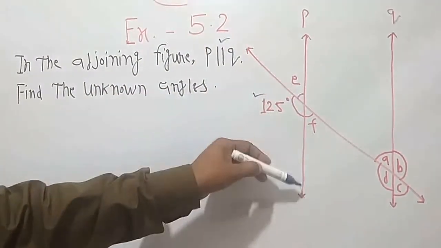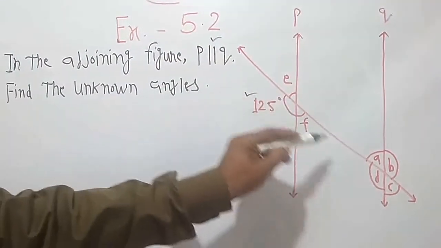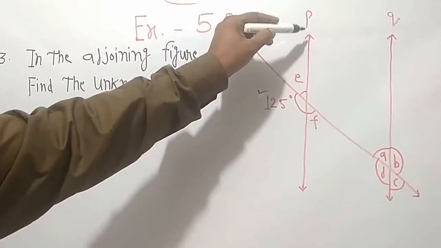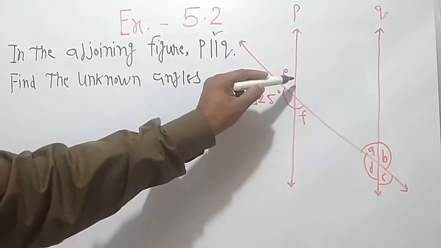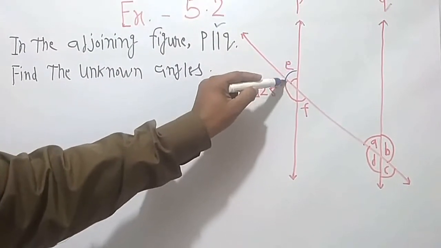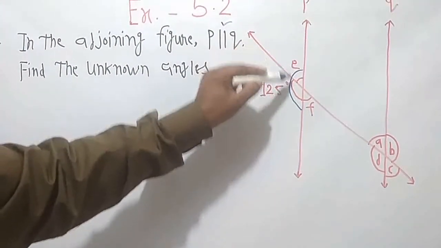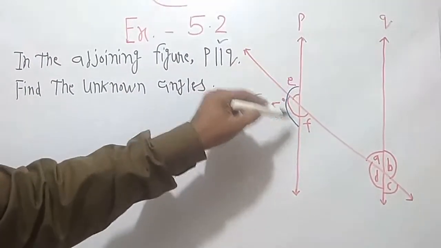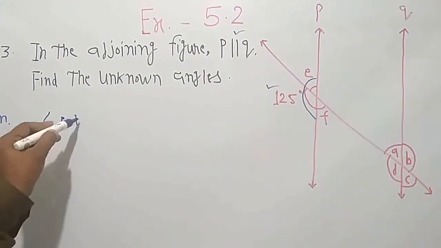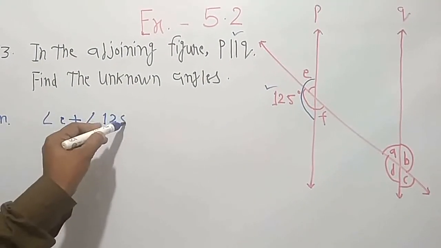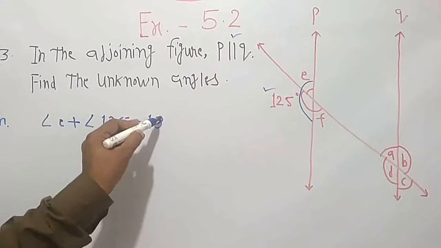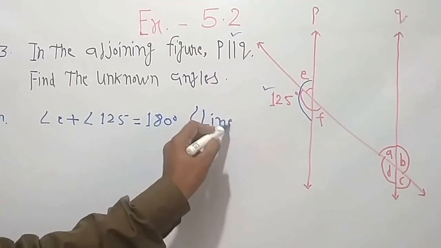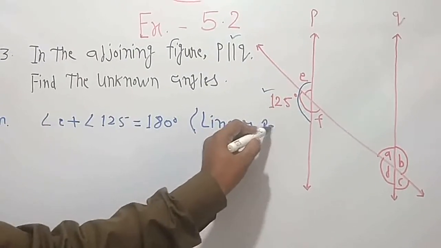So in the solution, first we write, this is the first parallel line P and this is the transversal. With this straight line, this is the angle 125 and E. This creates a linear pair. So angle E plus angle 125 is equal to 180 degrees from the concept of linear pair.